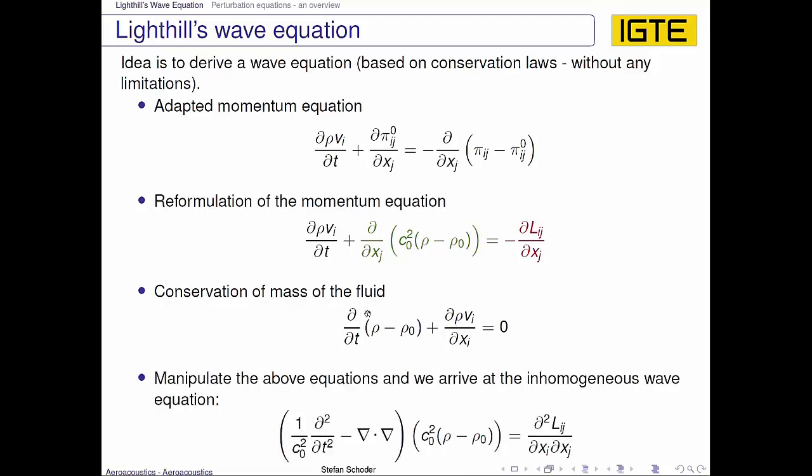We can manipulate these two equations by taking the time derivative of the space derivative top equation and the time derivative of this equation, and then manipulate it together, and then we arrive at Lighthill's inhomogeneous wave equation itself with Lighthill's tensor as a source term.